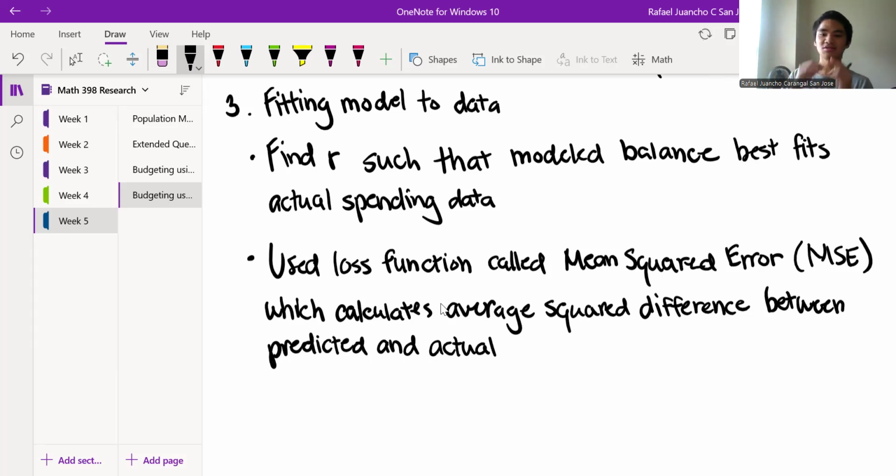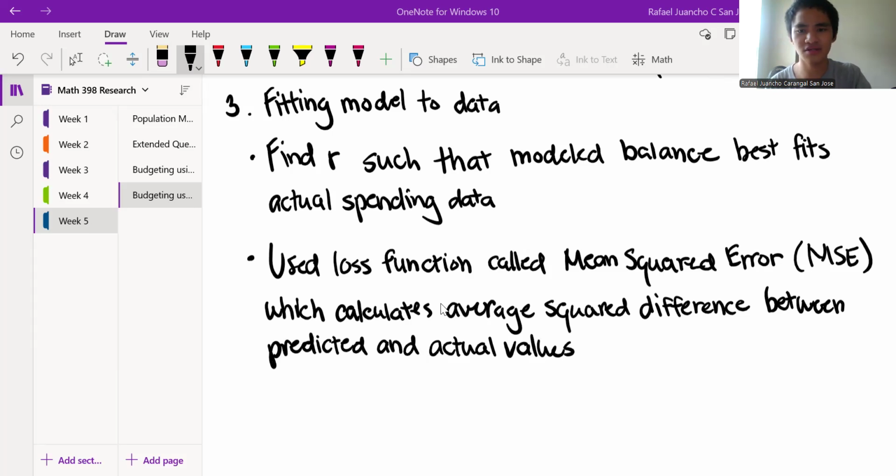Then it gets some average, gives me some number, and then it fits the model there. There are some other definitions here: it's a common choice for evaluating regression models because it penalizes larger errors more heavily due to the squaring process, and it makes the model focus on minimizing those significant discrepancies.